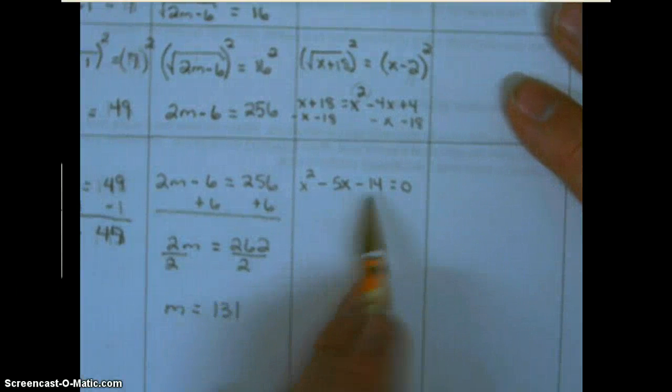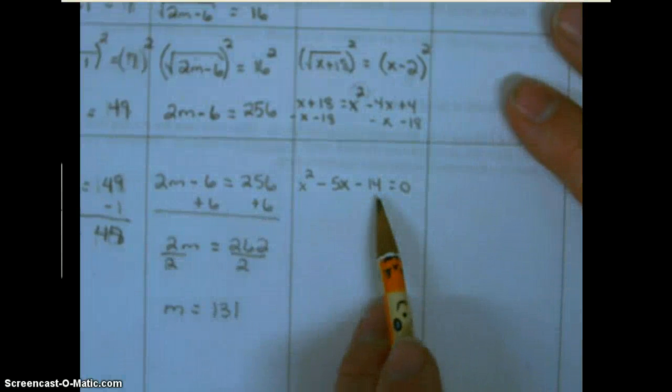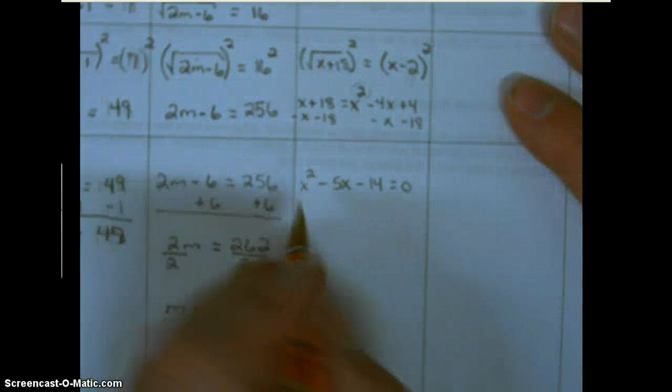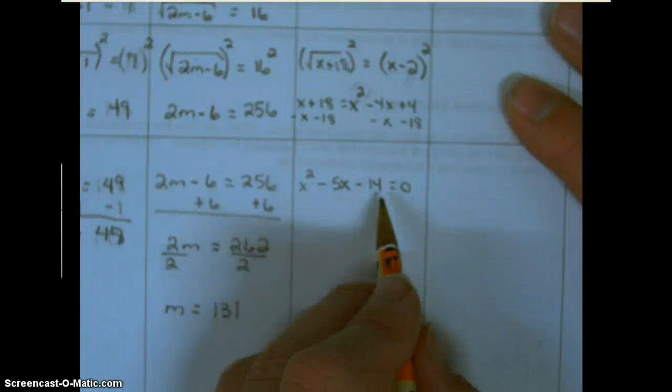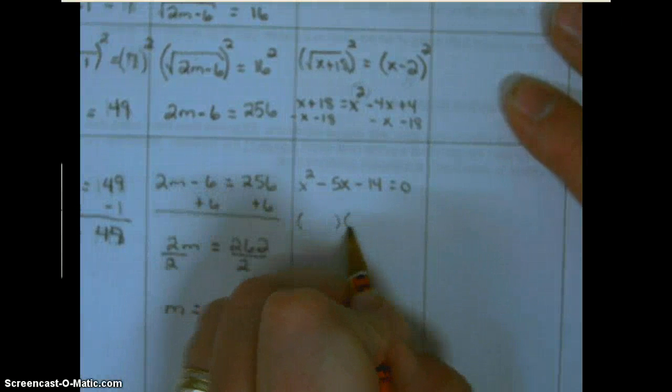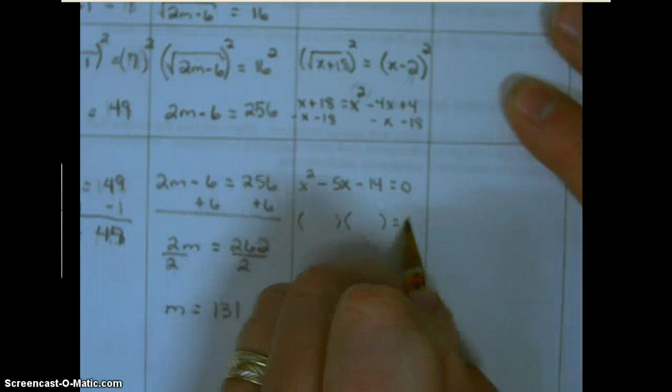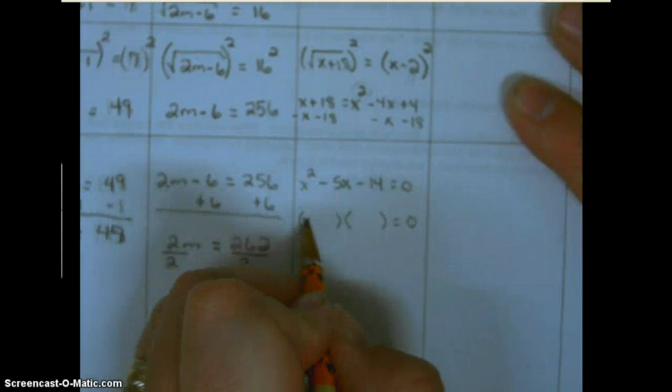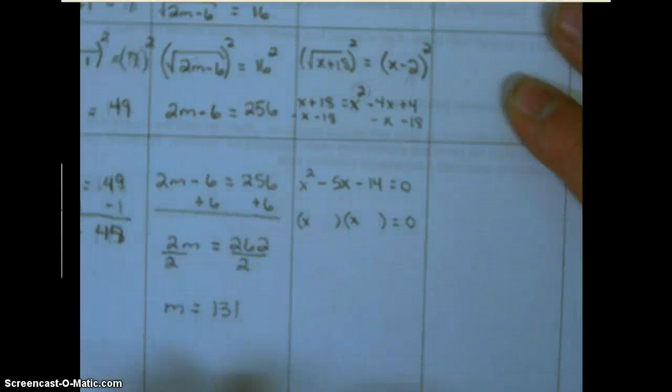Okay, now we're continuing to solve. This is step 3, solving. Since it's quadratic, we can go ahead and solve by factoring. That would be what I would try first of all. So x times x is x squared.